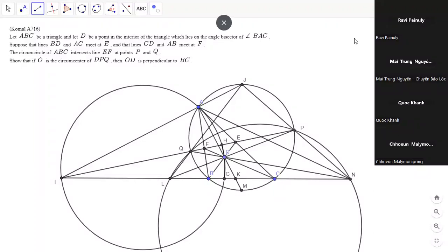Interesting. Okay, so if we try root BC inversion, then B and C would be swapped. So root BC inversion followed by reflection about the angle bisector, right?